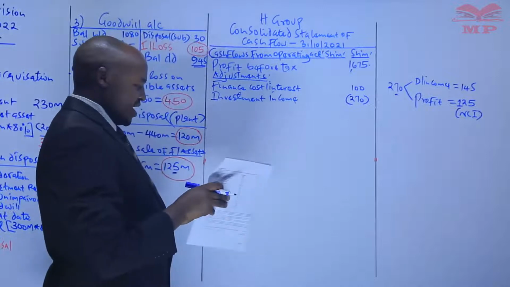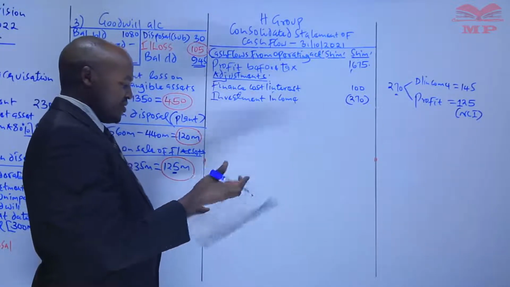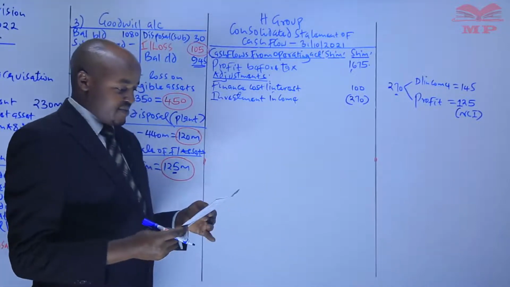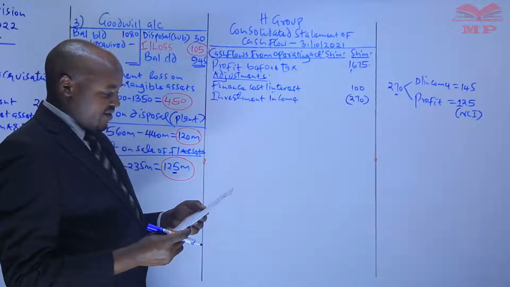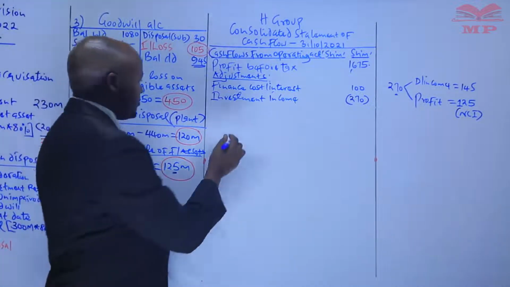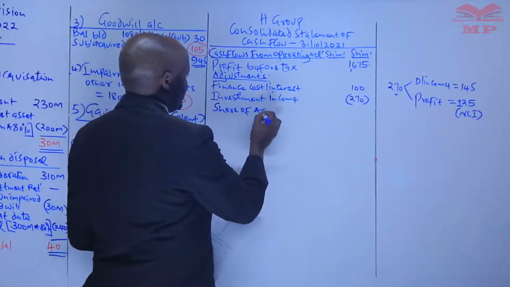So let's go back to the income statement. We are trying to pick some of the items on the face of the income statement. So above the investment income, we have operating profit, okay? And then above that, we have something called the share of associate profit.